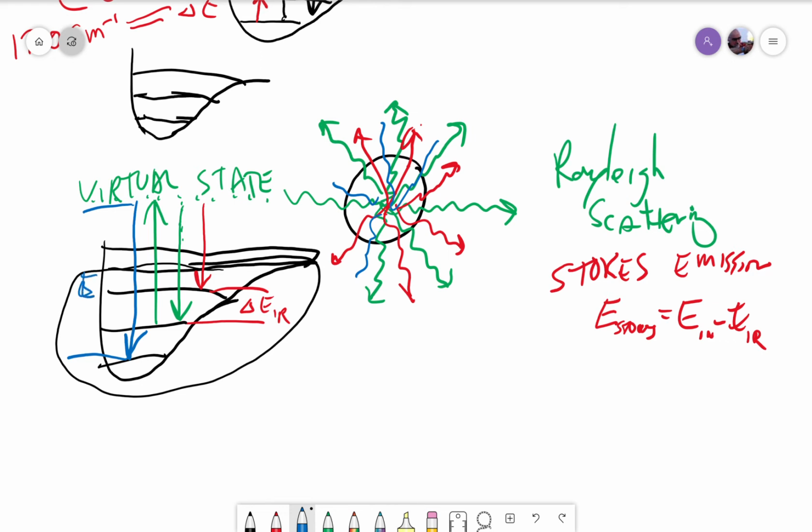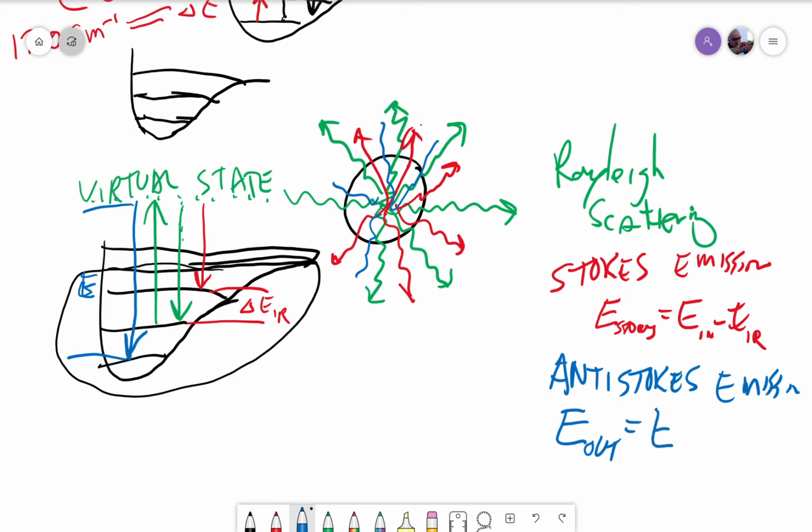That energy is called anti-Stokes. And anti-Stokes emission, we'll call it E out, would be equal to the energy of the input photon plus that delta E of the IR.